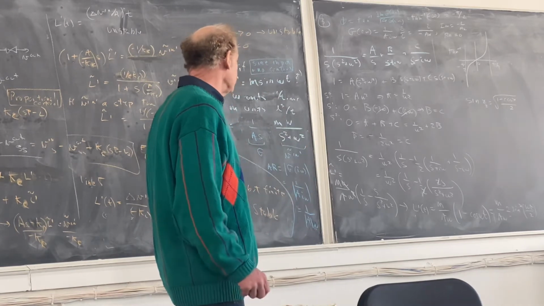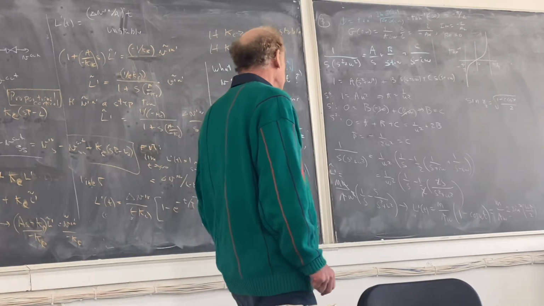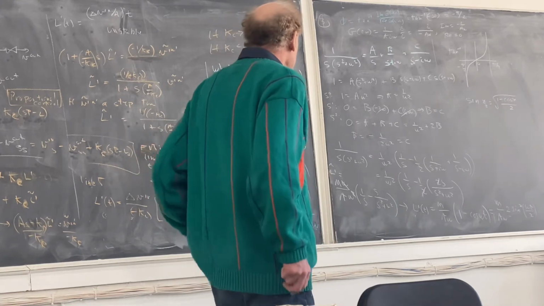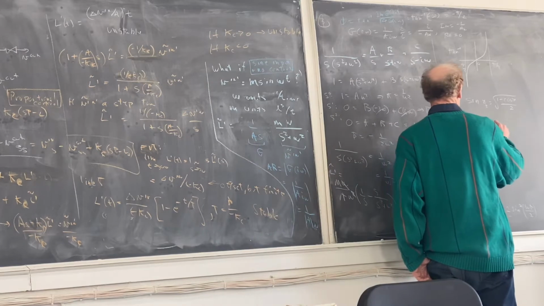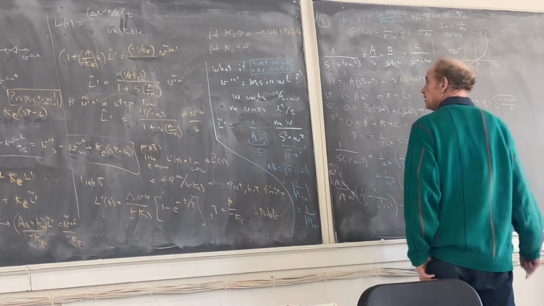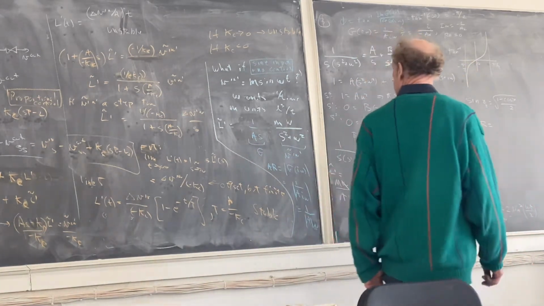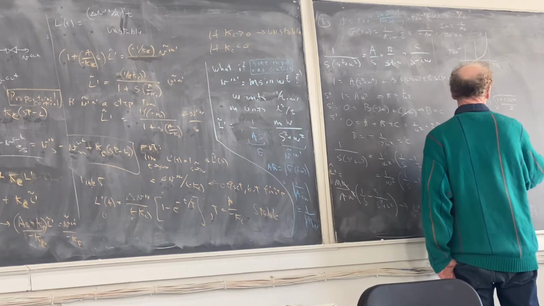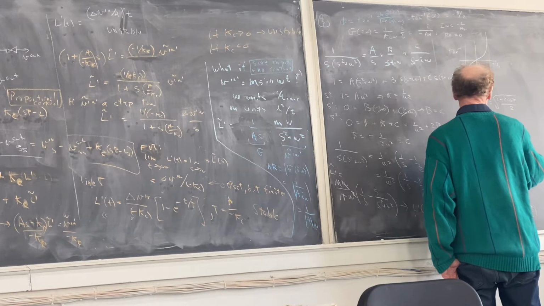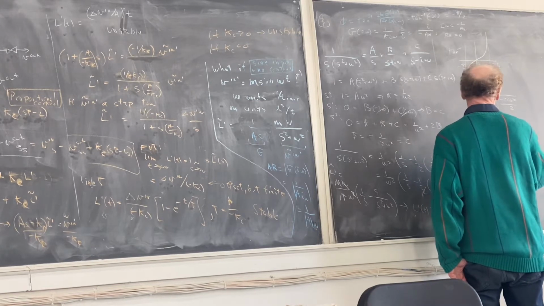How about the amplitude ratio? The amplitude ratio is the output over the input. So the output is the magnitude of L prime tilde over the magnitude of the input.